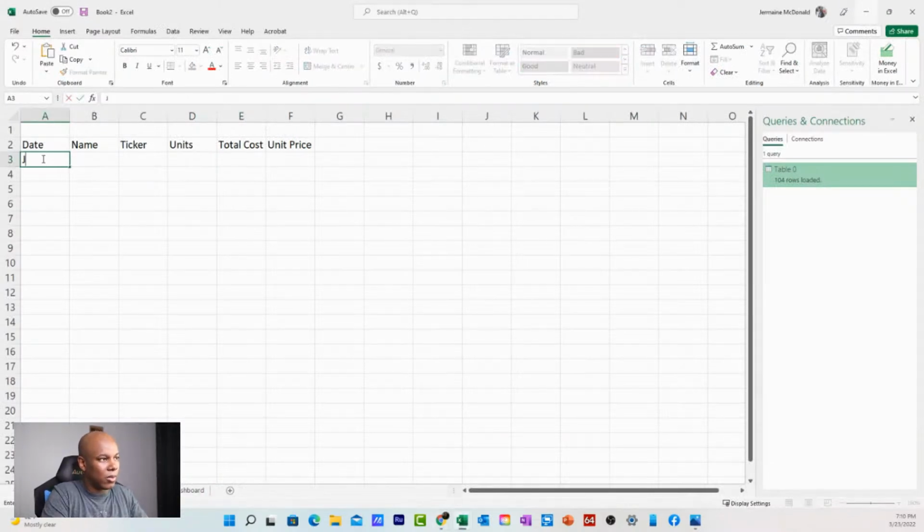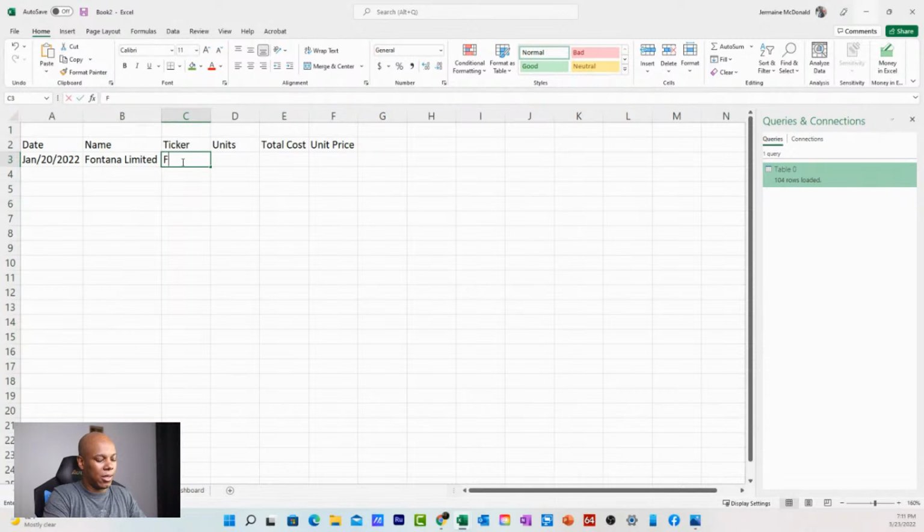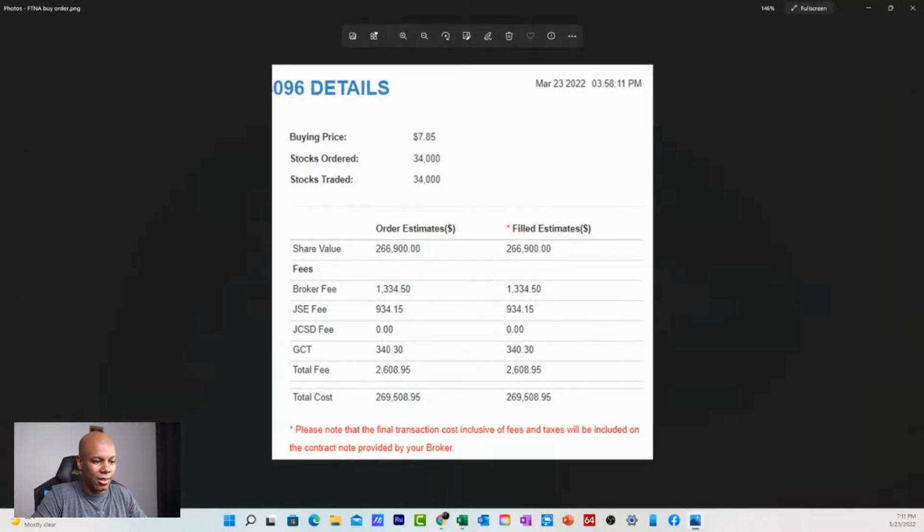So let's say this was January 20th. It's Fontana Limited. Ticker, as we know, is FTNA. It's 34,000 units. And let's look at that total cost figure again.